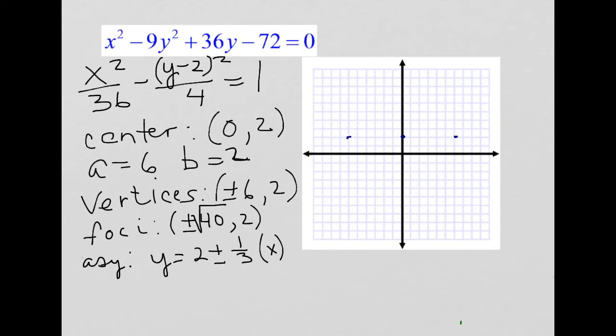We know our foci are at the square root of 40, which is just a little bit more than 6, but not quite 7. So right in there, and right in there. And we know our B is going to be up 2 and down 2. So up 2 is going to be up here, and down 2 is going to be down here. Okay, we draw our little rectangle that we have.